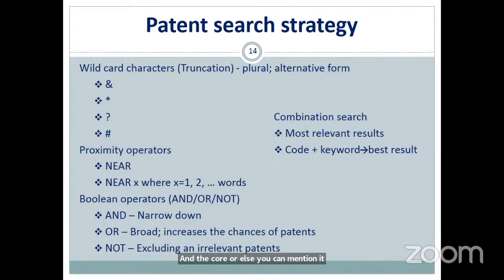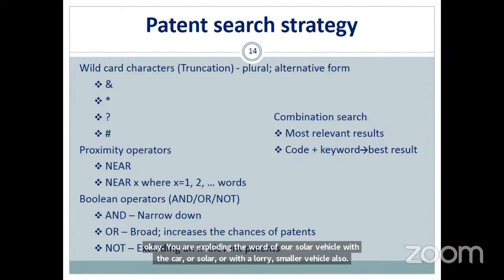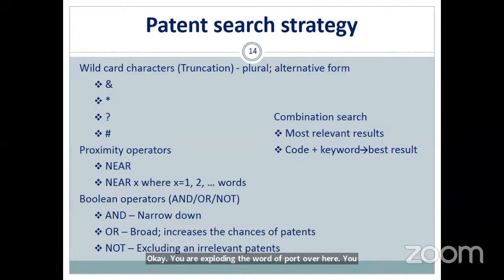Not auto means you are not looking for auto, but you can look for a solar vehicle with a car, or with a lorry. You are excluding the word auto over here since your interest is not in auto manufacturing. That's why this Boolean operator has been helpful in searching.